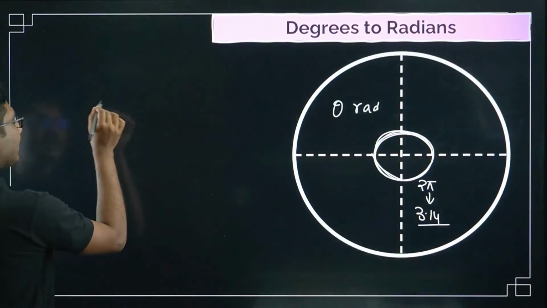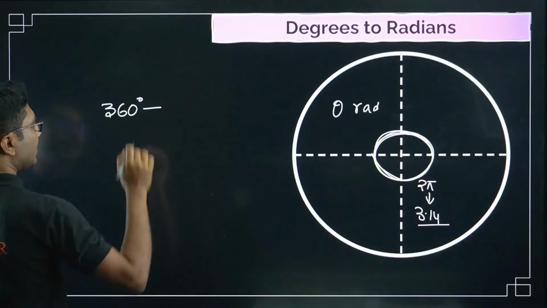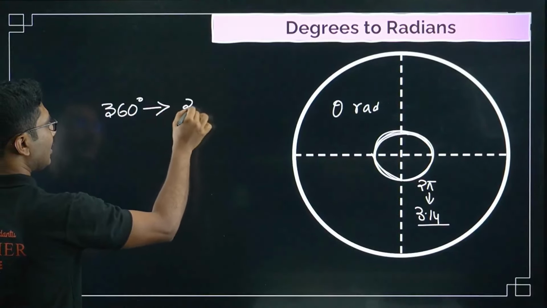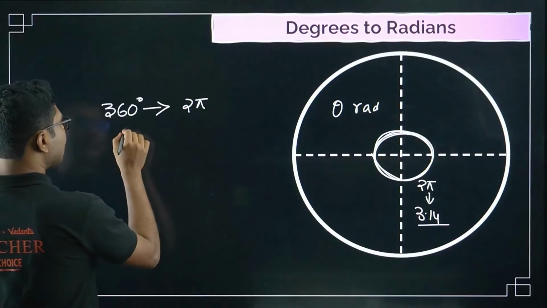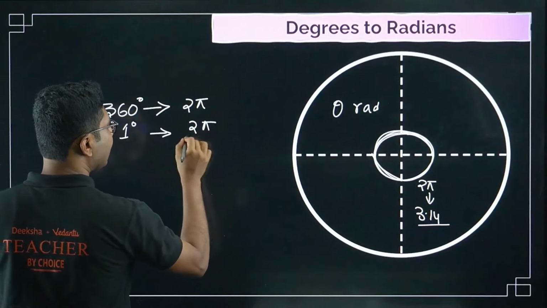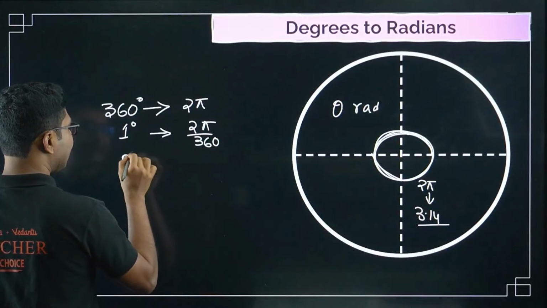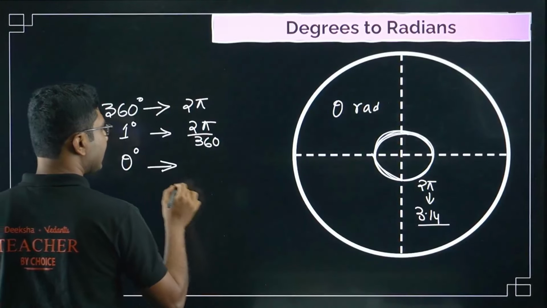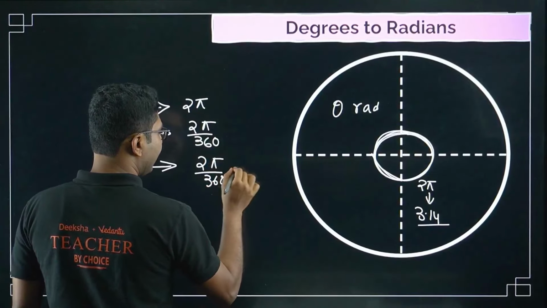Now in degree scale we know that this is 360 degrees. So 360 degrees is basically 2 pi radians. So 1 degree is equal to 2 pi by 360, and any other angle theta degree is 2 pi by 360 into theta.